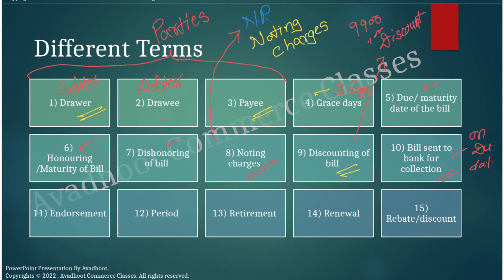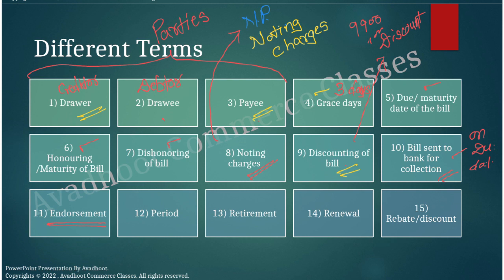Next one is endorsement. Endorsement plays a vital role. There are different types of endorsements, near about 8 to 10 types. But endorsement means transferring the bill from one person to another person.